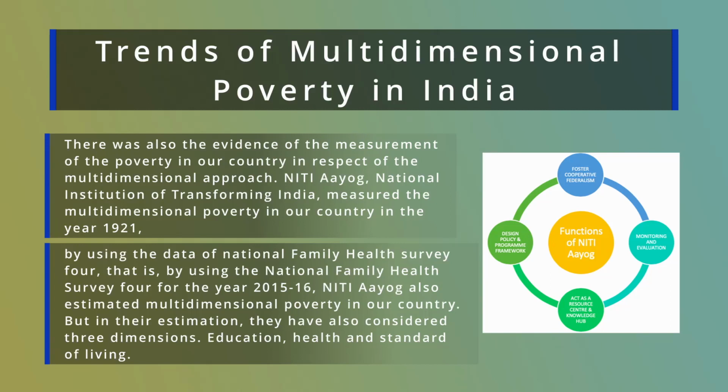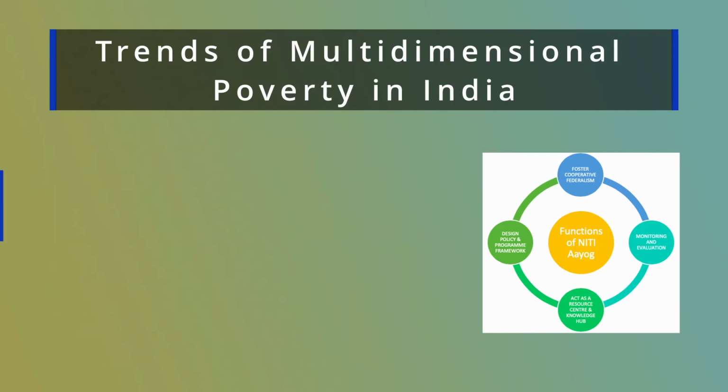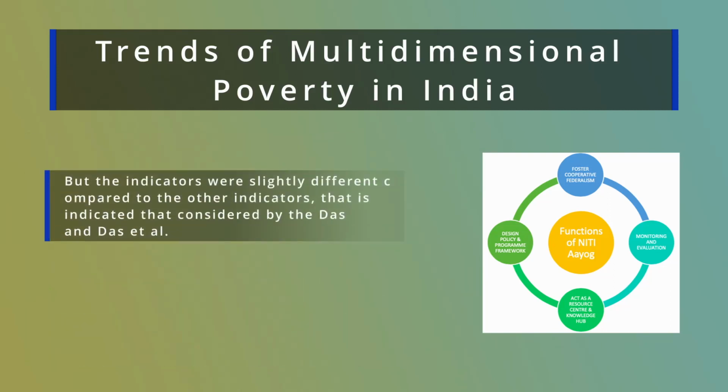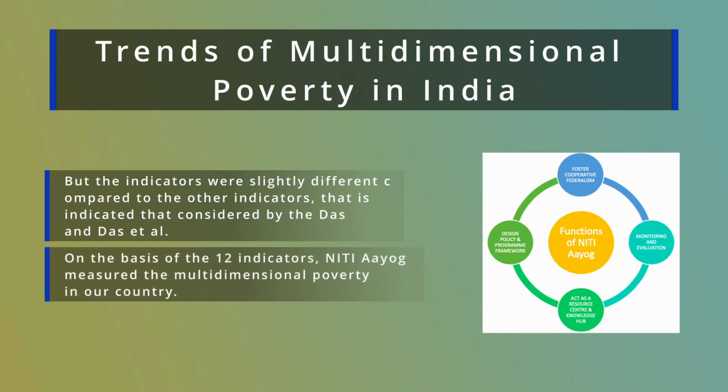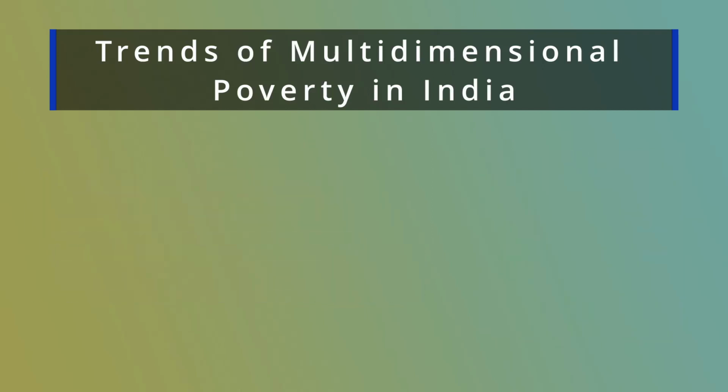But in their estimation, they have also considered three dimensions, education, health and standard of living, but the indicators were slightly different compared to the indicators considered by Das et al. On the basis of 12 indicators, NITI Aayog measured the multidimensional poverty in our country.